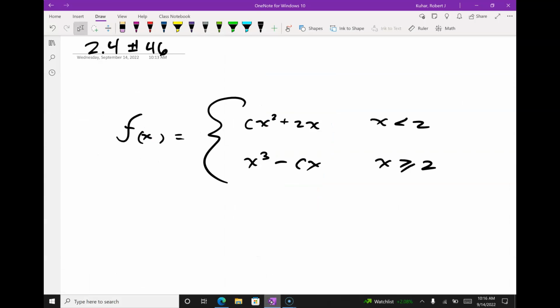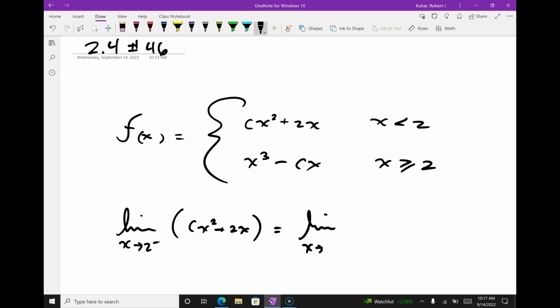So I need the limit as x goes to 2 from the left. Which function should that be? First function or second function? First one, right? So of cx squared plus 2x, I need that equal to the limit from the right, which is my x cubed minus cx.